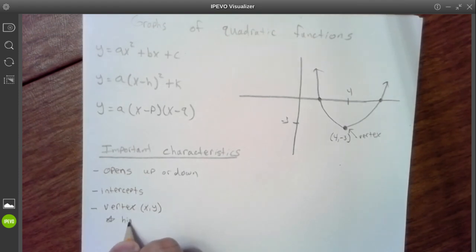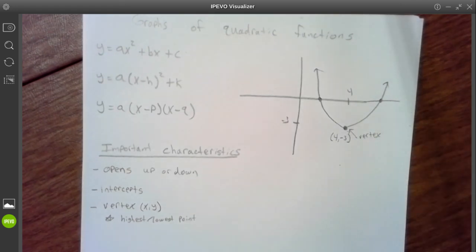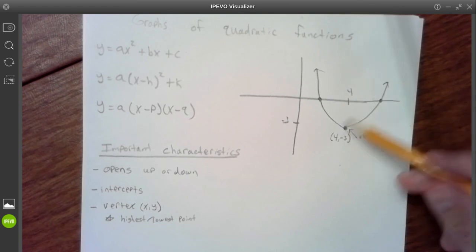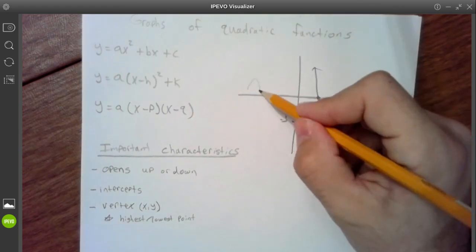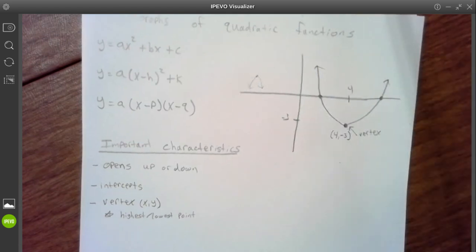That's one way that you could describe it. If it's opening up, it's the lowest point, and so it represents a minimum. If it were opening downward, the vertex would be a maximum instead.